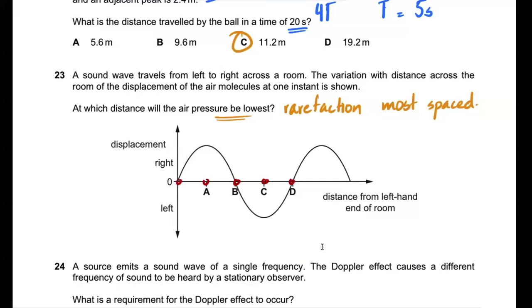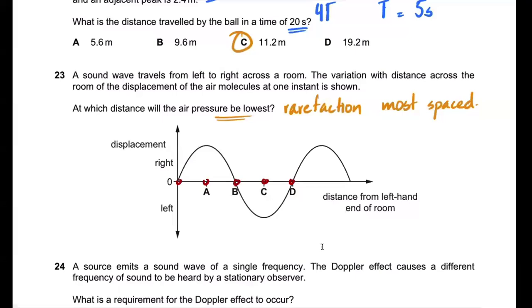Now, as the sound wave is going to pass, what is going to happen to all of these points basically? Because right now these are at the equilibrium position. So if I look here, O is not going to move, A is going to move to the right, B is not going to move, C is going to move to the left, and D is going to be at its original position.